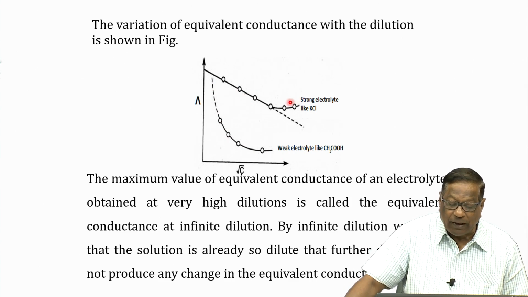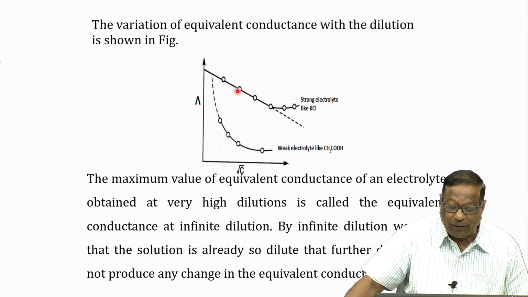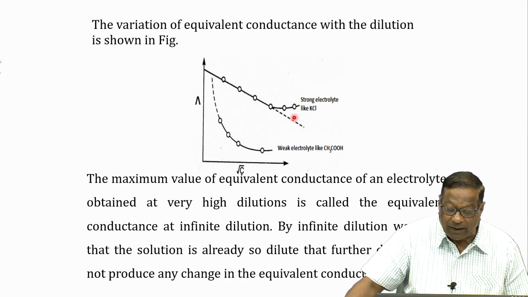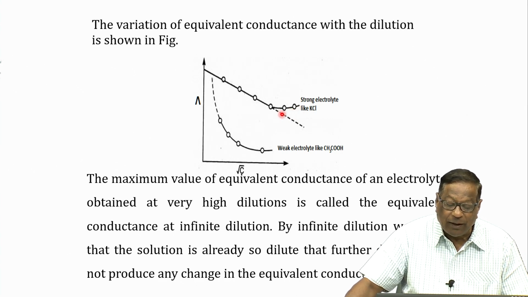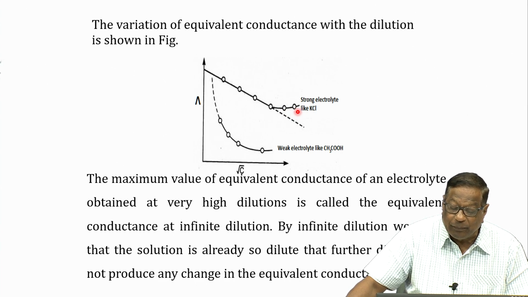If it is a strong electrolyte, then it will be very predictable upon dilution, but near the very dilute solutions it will be increasing much faster. At higher concentrations it will be almost predictable, linear, but as you decrease the concentration more and more, the ions will be able to move faster.